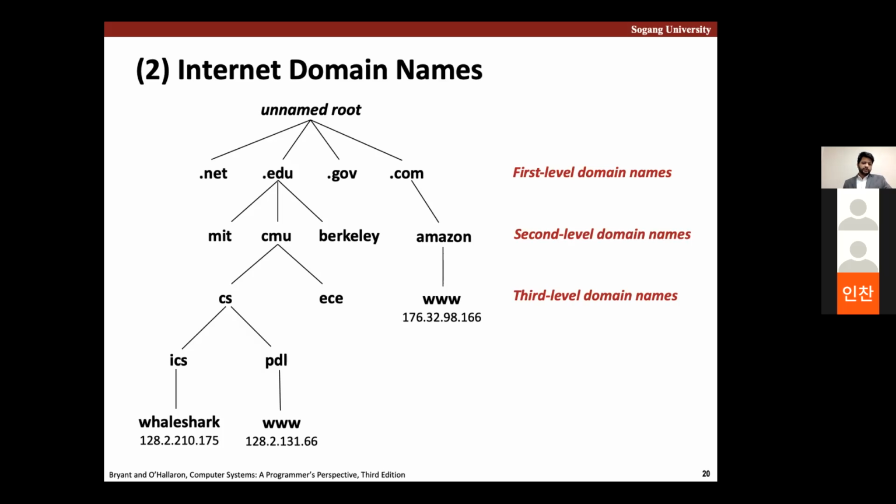For example, cse.sogang.ac.kr is the third level of the domain name, and the mechanical department has its own initials in the domain name. So organizations are given the freedom to create their own domain names, and there is no bound from ICANN on the third and fourth level domain names.